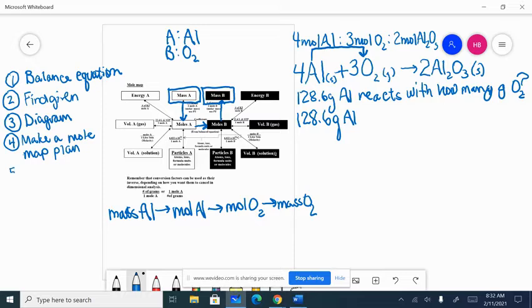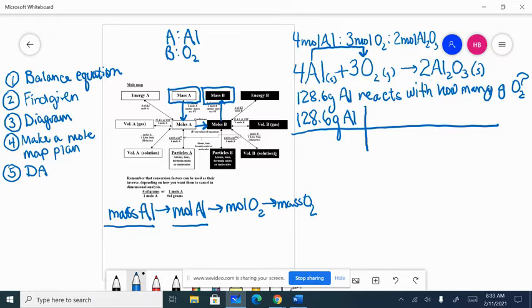So now I'm going to do my dimensional analysis. That means I'm going to change grams of aluminum to moles of aluminum first. You'll see when I change grams of aluminum to moles of aluminum, in between the box that says mass A and moles A, it tells you use the periodic table of the elements.